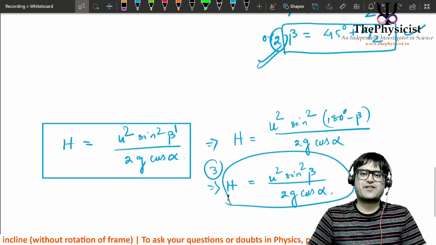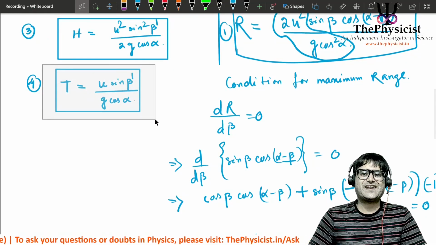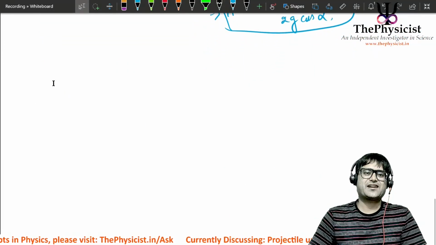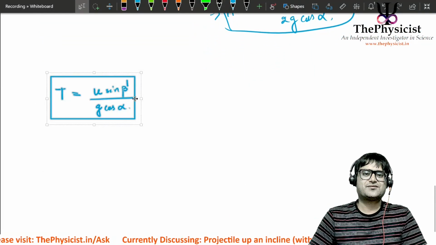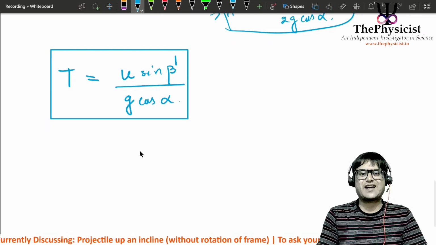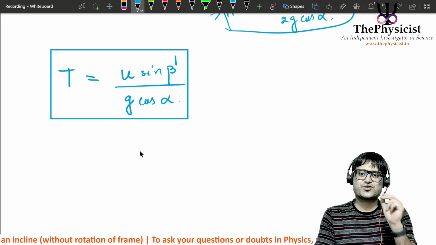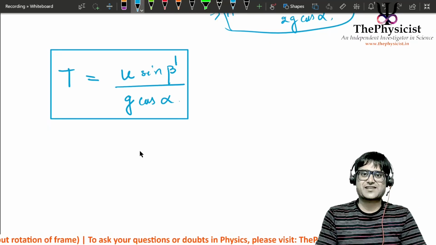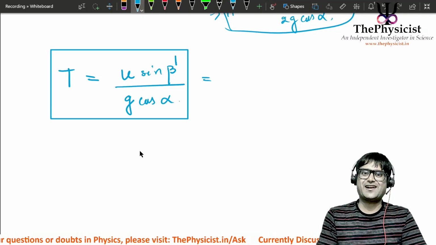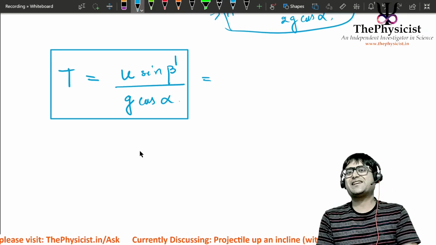Now what about the time of flight? You must have already guessed it. Here again, no change, but I'll do that anyway. Time of flight is u sine beta dash by g cos alpha. Here, beta dash corresponds to beta in the previous case, but in this case beta dash is 180 degrees minus beta.